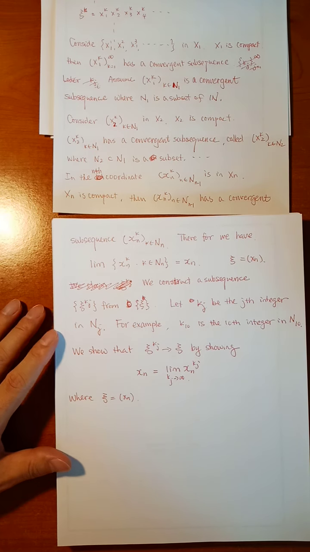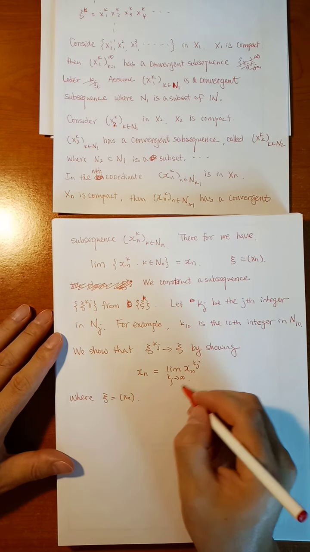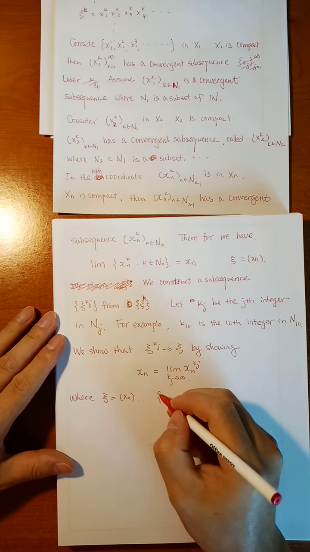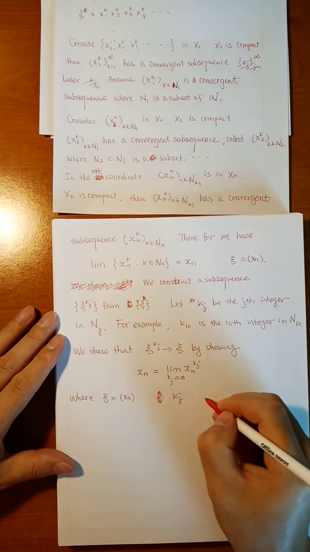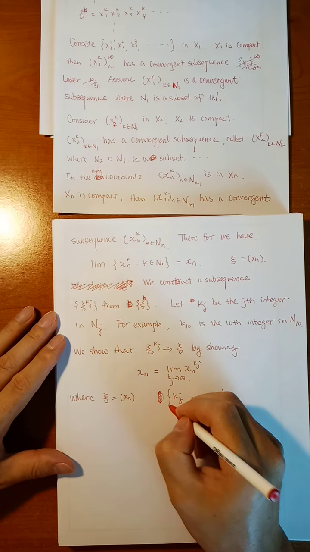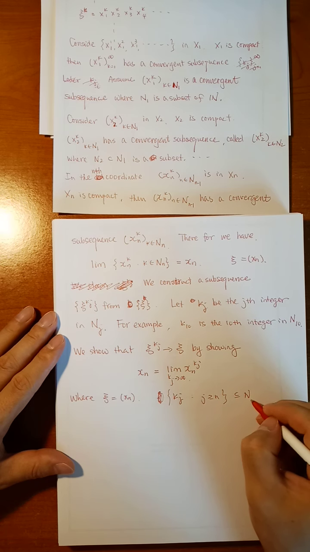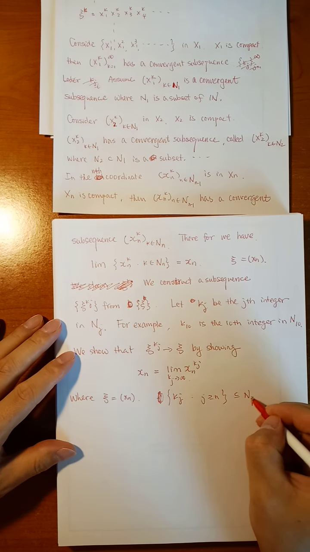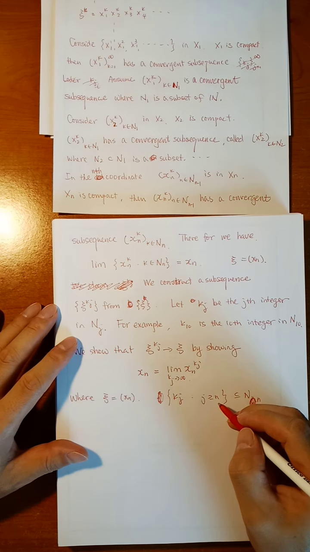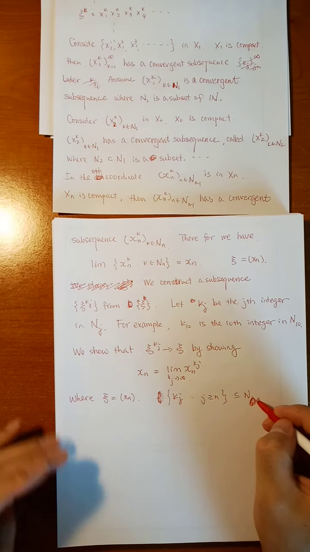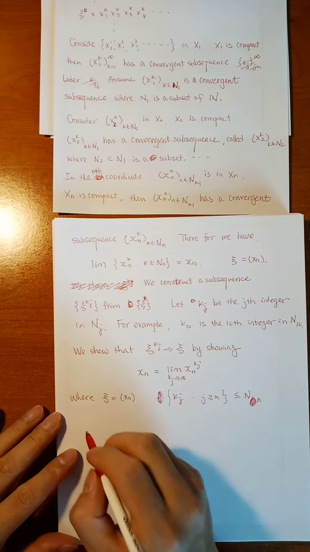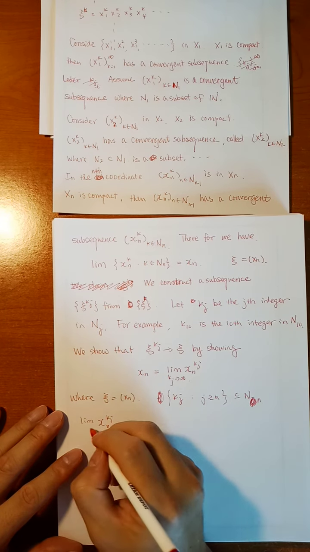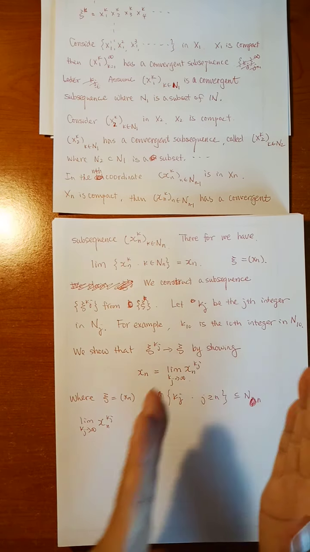And for this k_j, for j greater than or equal to n, it always belongs to N_n. Whenever j is greater than n, it is always a subset of N_n. Of course, for the subset of N_n, the limit of x_{k_j}^n as j goes to infinity is just the previous part.